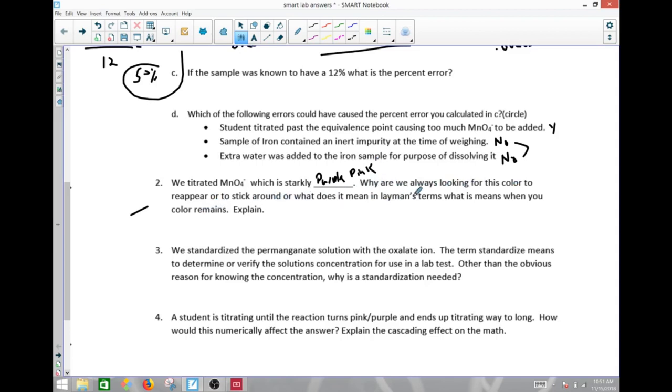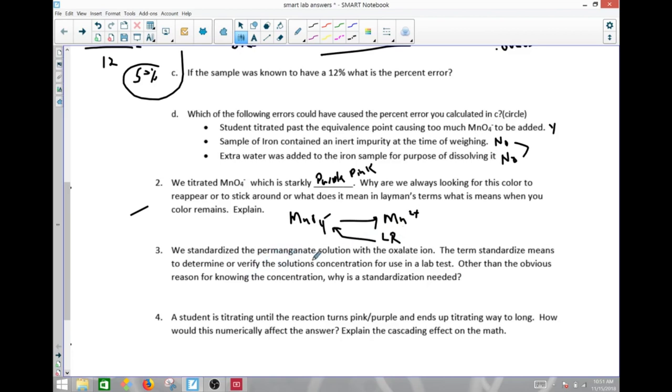What does this mean in layman's terms? What does it mean when the color remains? Okay, so essentially we have MnO4 negative, and when it goes to clear, which is Mn2 plus, that means essentially we have eliminated this. This is now our limiting reactant, and it just shows that the permanganate was used up.